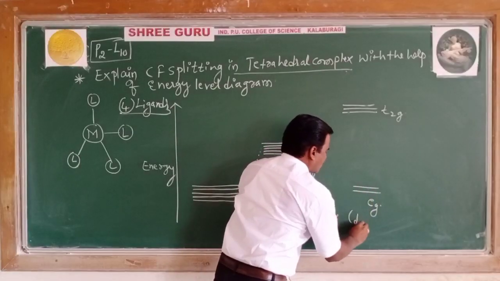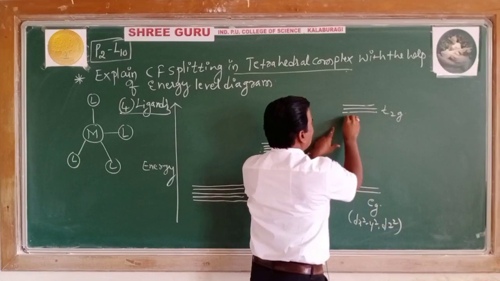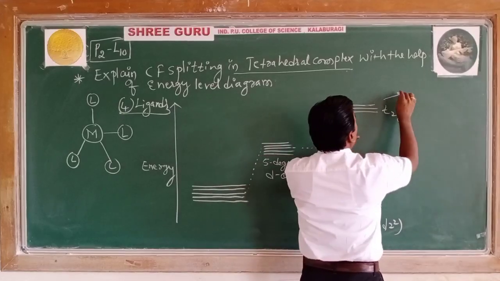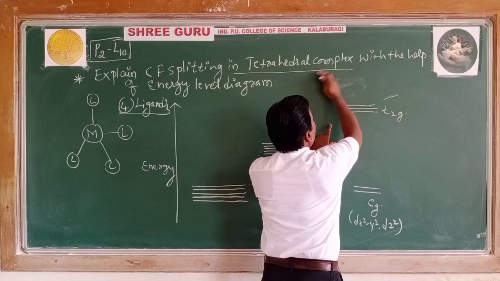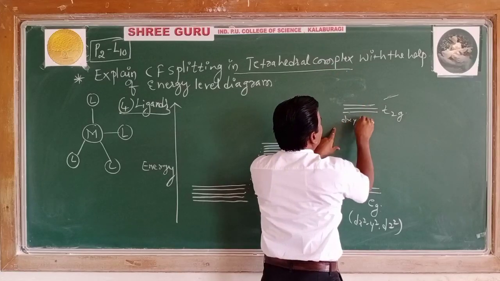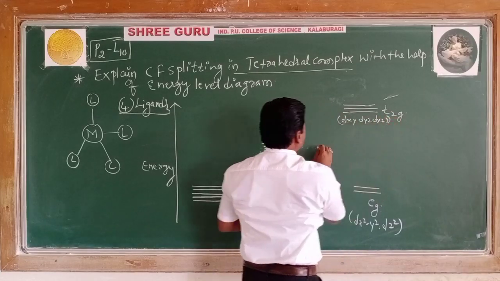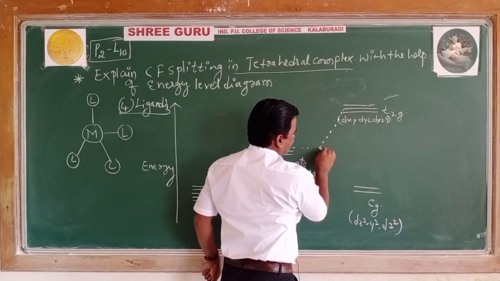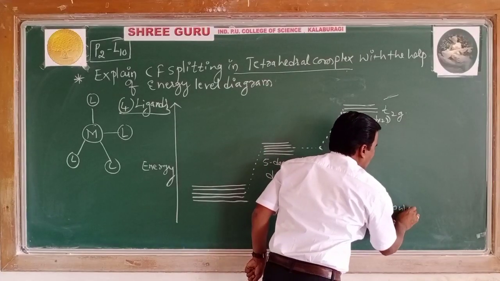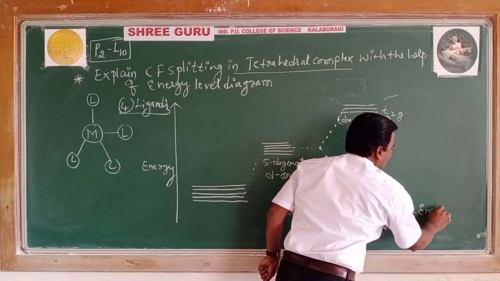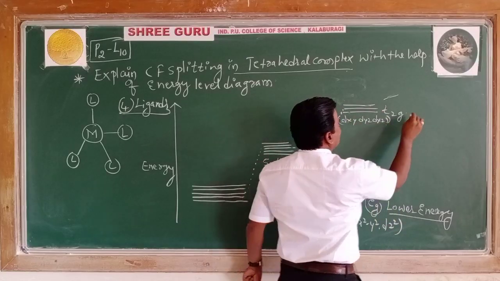Here you have dx2-y2 and dz2, and here you have dxy, dyz, dxz. These are the orbitals that get split into Eg, the lower energy set, and T2g, the higher energy set.